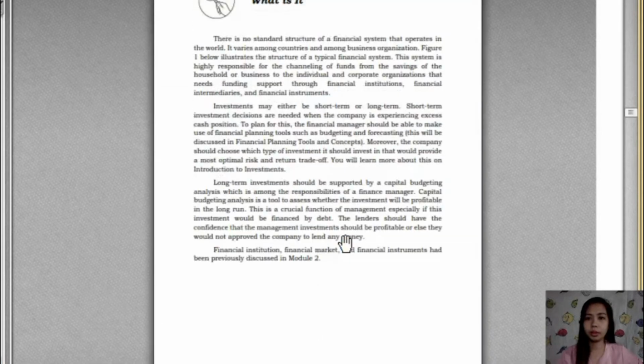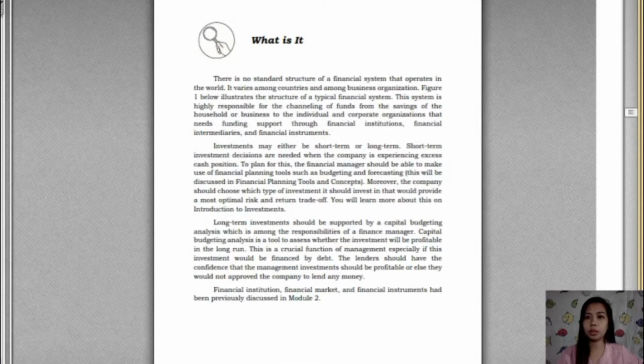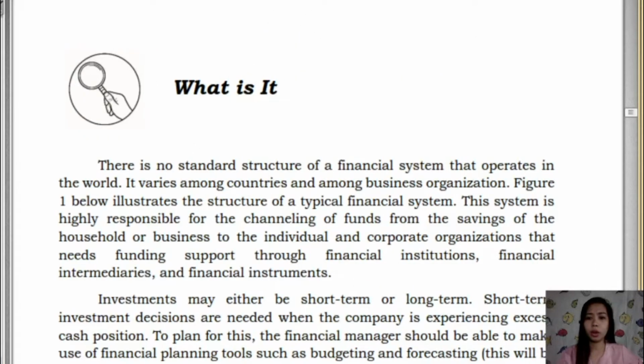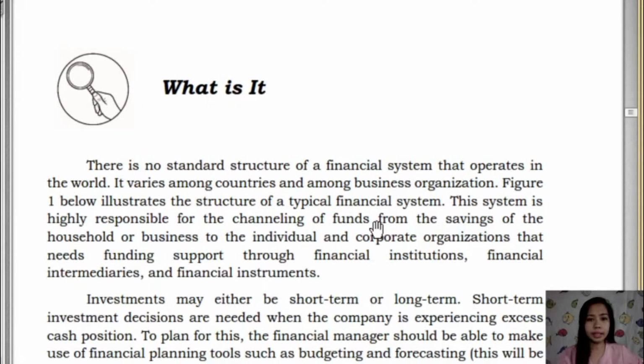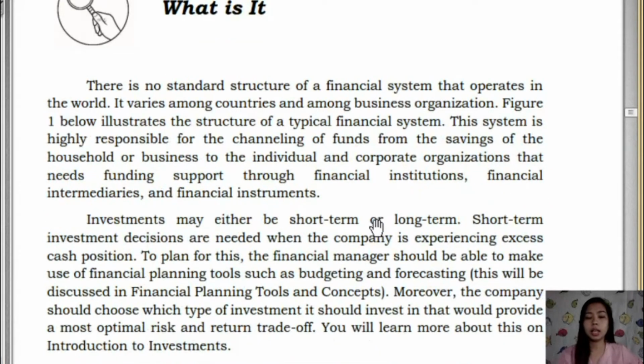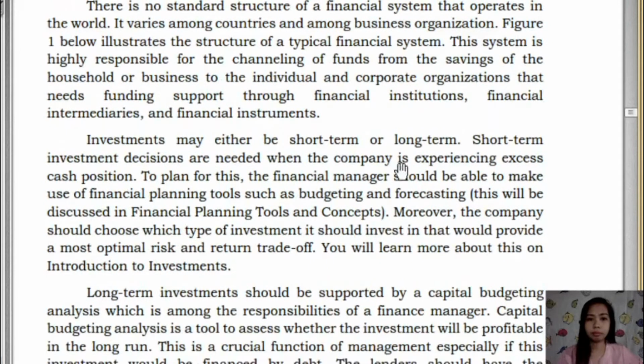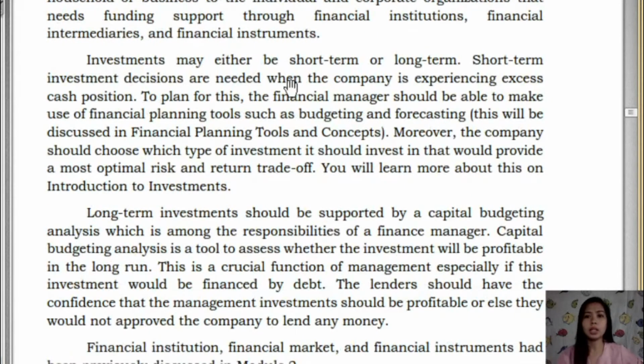So, balik tayo. Next, we are going to discuss the short-term and the long-term investment. So, yung pinakita natin kanina sa flow of funds could be a short-term investment or a long-term investment, depending doon sa magpapautang at sa uutang. Kapag short-term, ang decision when the company is experiencing excess cash position.